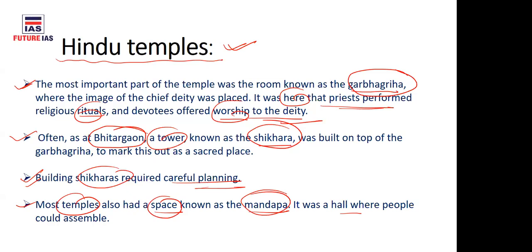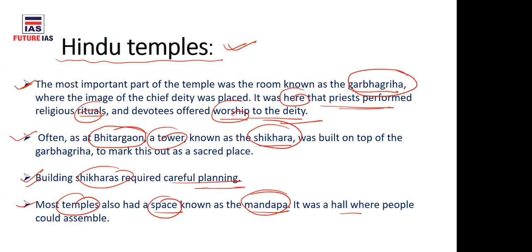That means once you enter the temple, you will have a hall, and all around the hall small deities will be placed. The place where the deity is placed is called garbhagriha, and the hall where the devotees enter and perform the prayers is called mandapa. So mandapa का मतलब होता है the place where the devotees assemble and perform the prayers.